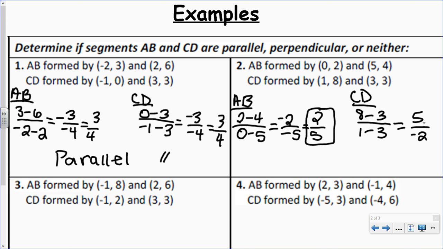Okay, it doesn't really matter where this negative is. So now, what do we look at? We know they're not the same. They have been flipped, and one's positive, one's negative, so these are perpendicular to each other. All right, so we know these are perpendicular. And the symbol for perpendicular looks like an upside down T.